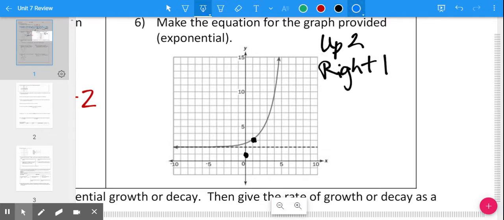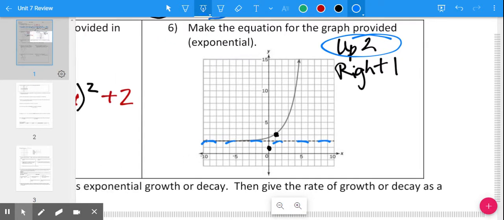So if we look at the asymptote, it has moved up 2 as well. So it corresponds with that. So we know it's going to have a plus 2 at the end. Because it's right 1, we have x minus 1 in the exponent, and it's exponential growth, so we're going to have a base of 2.